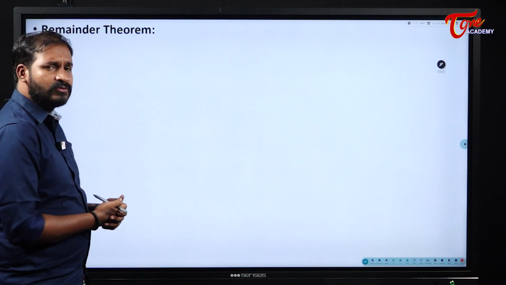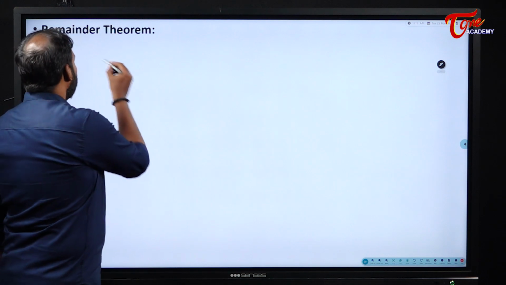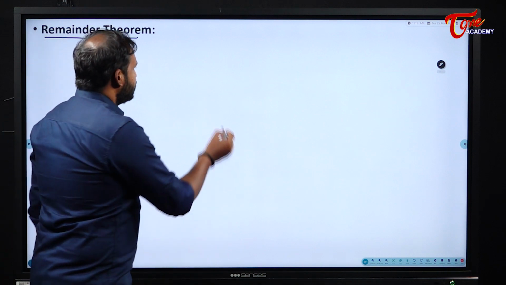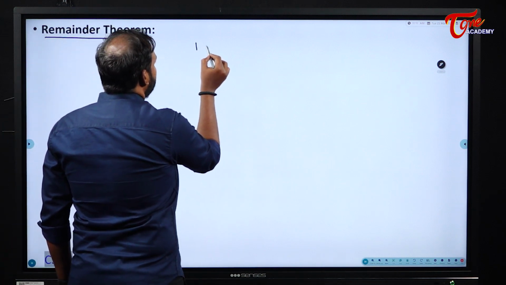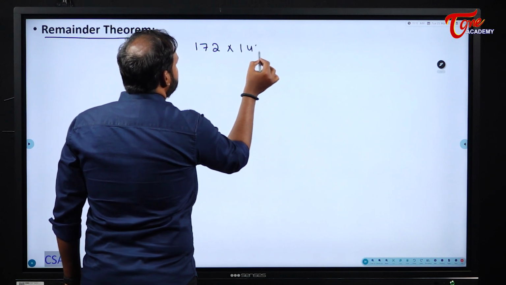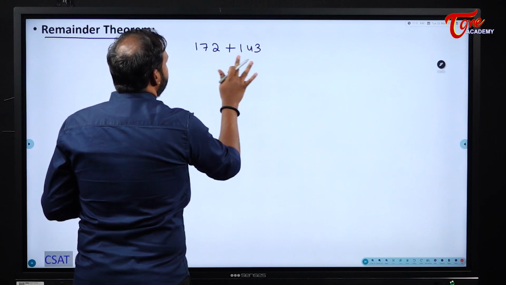There are some basic rules for this remainder theorem. We will try to observe those rules. See here, the first rule: for example, if I want to find the remainder of (172 plus 143) divided by 5, the general procedure is to add these two numbers, 172 plus 143.